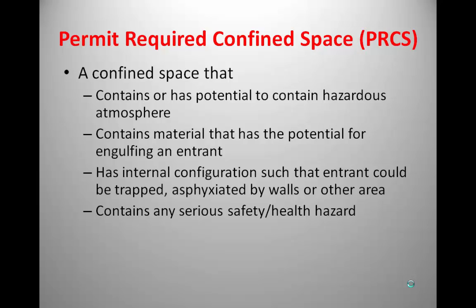And hence even the standard name, permit required confined space, is the standard name for the 1910.146 standard. So any one of these four: contains or has the potential to contain a hazardous atmosphere, the potential to engulf an entrant, an internal configuration that could trap or asphyxiate a person, or the catch-all that contains any serious safety or health hazard.